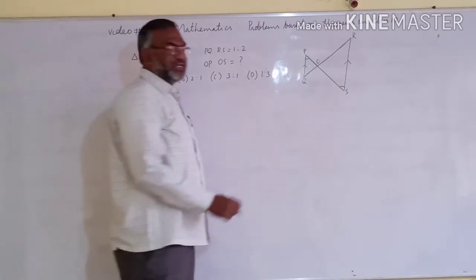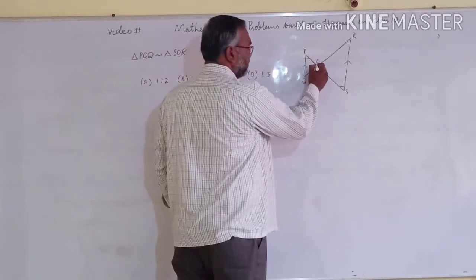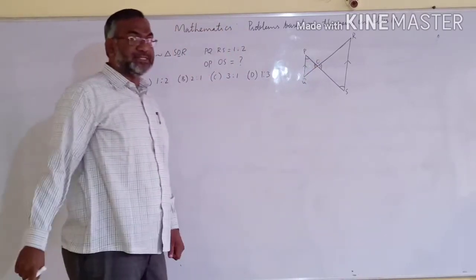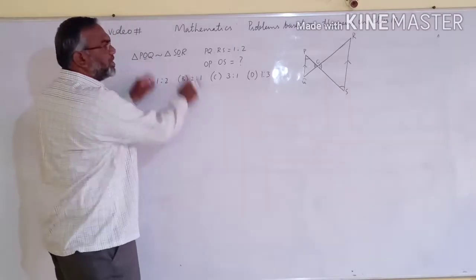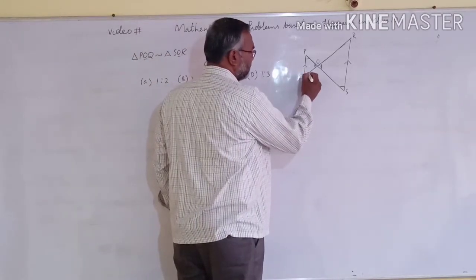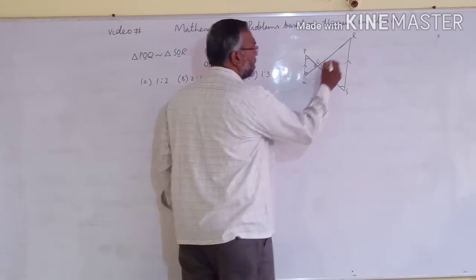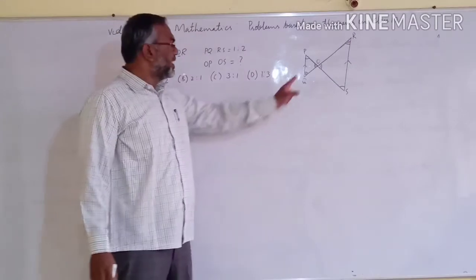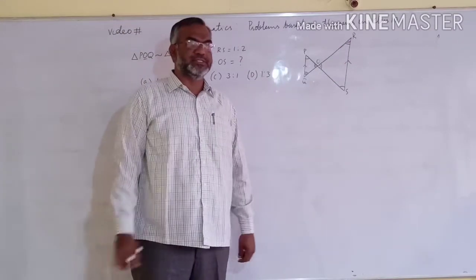O is the common vertex. It is here. And Q is corresponding to R. Q and R are corresponding vertices.